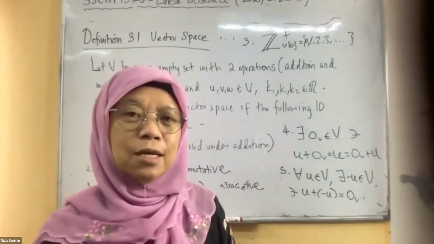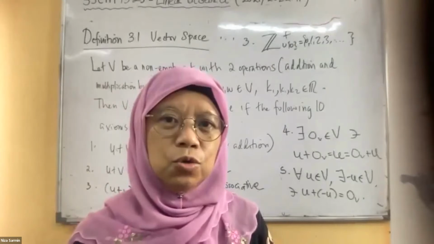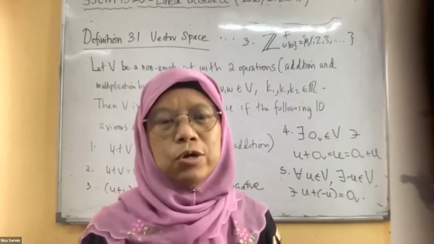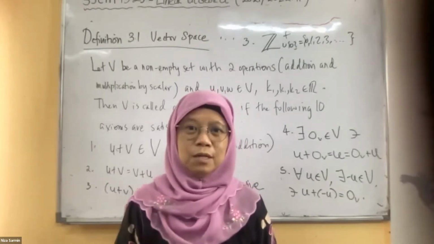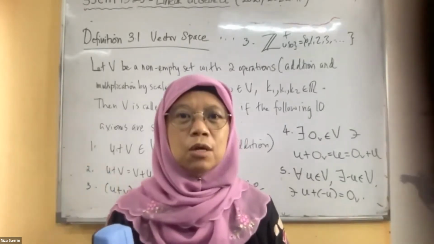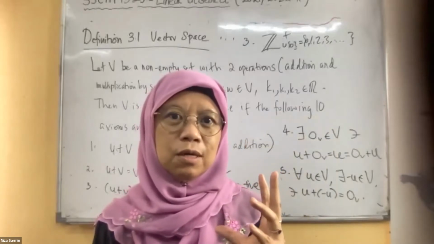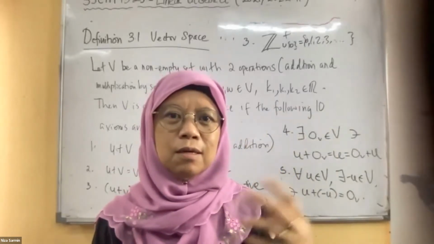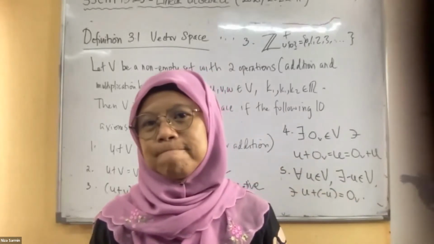So that's why I said earlier that in chapter 3, you have to think first before you write your answer. Because sometimes the answer is just short. You just think first, okay? Then you think about which one it does not satisfy.